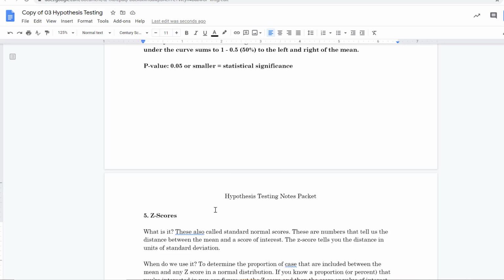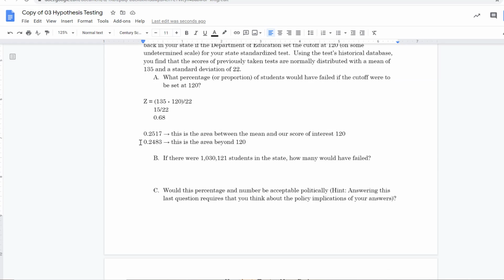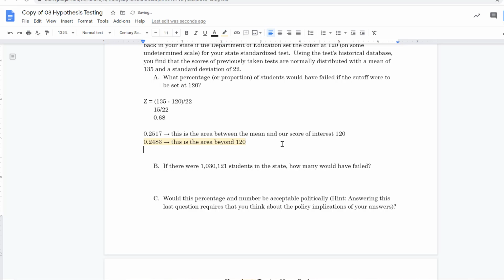So if we come down here, I'm going to highlight this because this is the one that we care about. And what this is telling us is that that number, that 0.2483, is the proportion of students who would be held back if we set the cutoff score to 120. Another way to think about that is if you multiply that proportion by 100, it turns it into a percent.